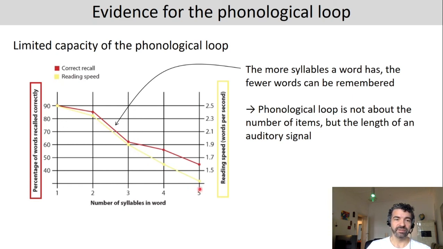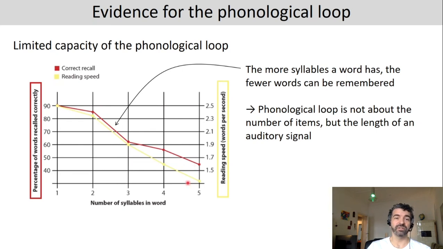So you can see words with 5 syllables. So the percentage of words recalled correctly are in red here. And as you can see, the more syllables they have, the fewer words you can remember.